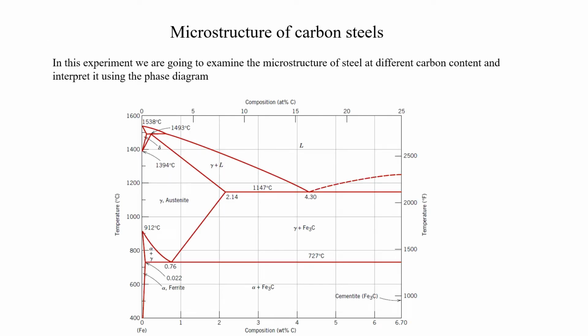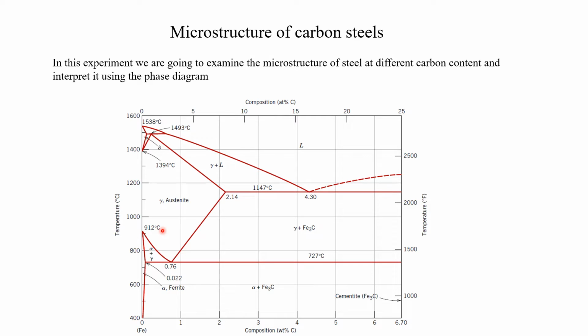Okay, let's first look at the microstructure of carbon steel. In this experiment, we are going to examine the microstructure of steel at different carbon content and interpret it using the phase diagram. So here is the phase diagram of the carbon steel, and because our carbon content is typically low, we're only focused on this region of the phase diagram.